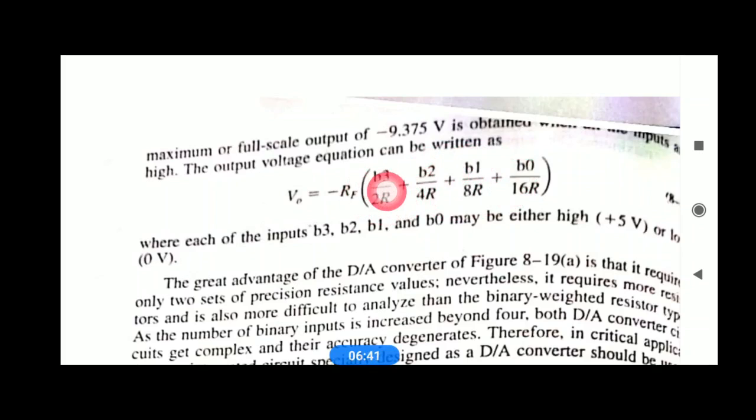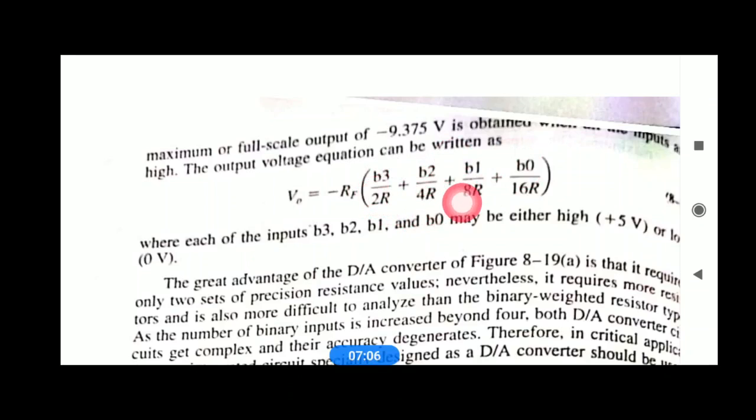Only this term will be there, where B3 is 5 divided by 2R, into minus RF. Here RF is 20k, 2R is 20k, this gets cancelled, and you will get the value minus 5.